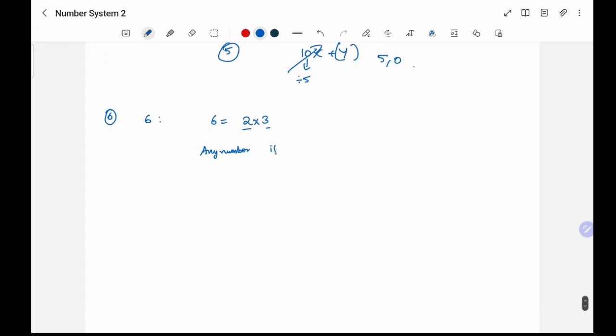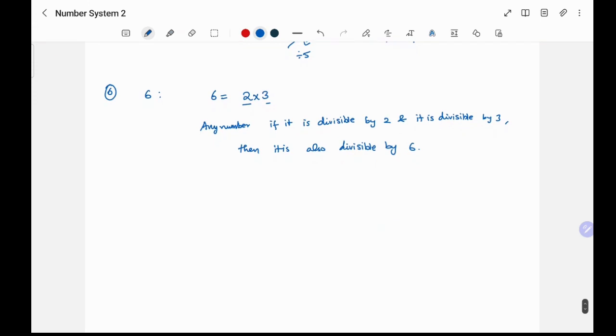So any number, if it is divisible by 2 and it is divisible by 3, then it is also divisible by 6. So it is not 'or', it is 'and'. Which means the number should be divisible by 2 and 3.